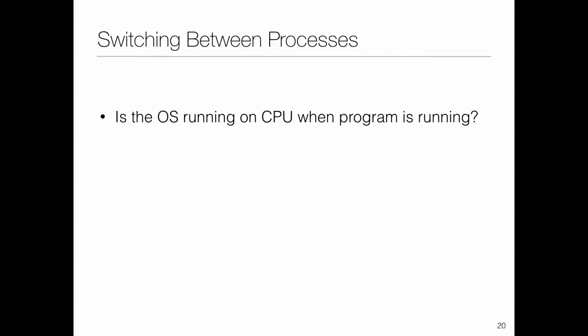It will restore the stack and arguments of that process. Let's say we have two processes A and B. If you want to context switch from A to B, you'll have to store the program counters and certain other registers of A into the stack, and you need to restore the stack contents of process B.